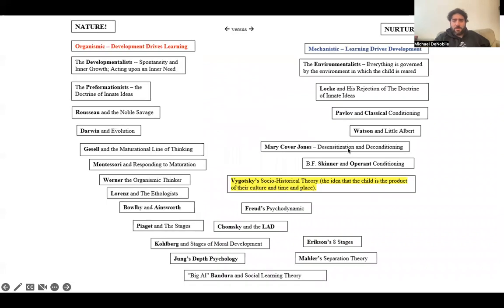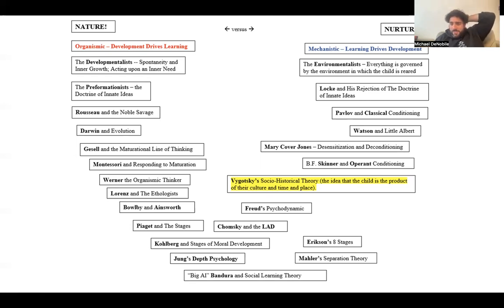So here we go. So Vygotsky's right here in our chart, our nature versus nurture chart. And the reason why he's closer to the right, you can tell he's very much center right, it's because his focus is around social historical theory.